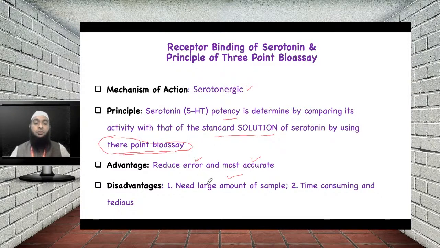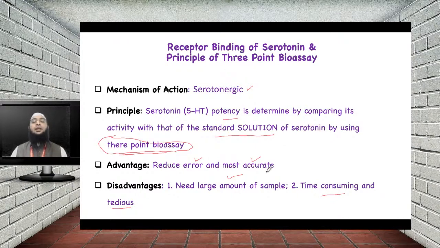So overall, the most important disadvantage is that although it is the most accurate and reduces the possibility of error, it needs a large amount of sample. And when we repeat this entire process, we need to give a number of doses of the drug, both the standard as well as the test, and as a result it is a time consuming and tedious method. So these are the 2 important disadvantages of this 3-point bioassay.